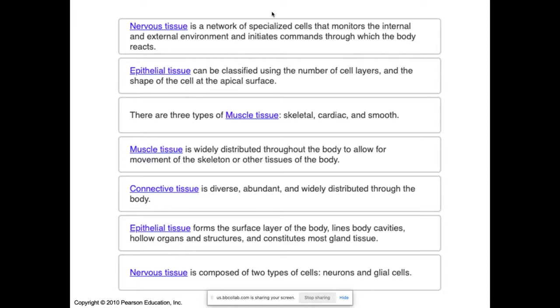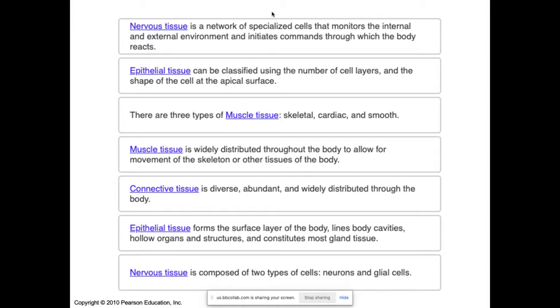And in terms of layers, if it's one cell layer thick, we use the word simple. And if it's multiple cell layers thick, we use the word stratified. So if I had one cell layer thick of cells, they look like squares or cubes, we would call it simple cuboidal epithelium.